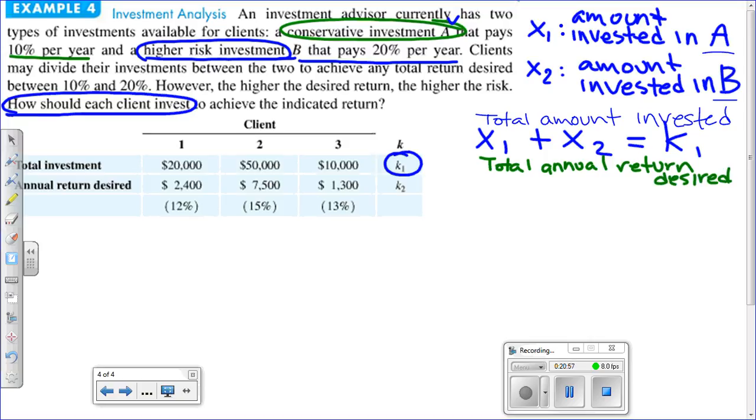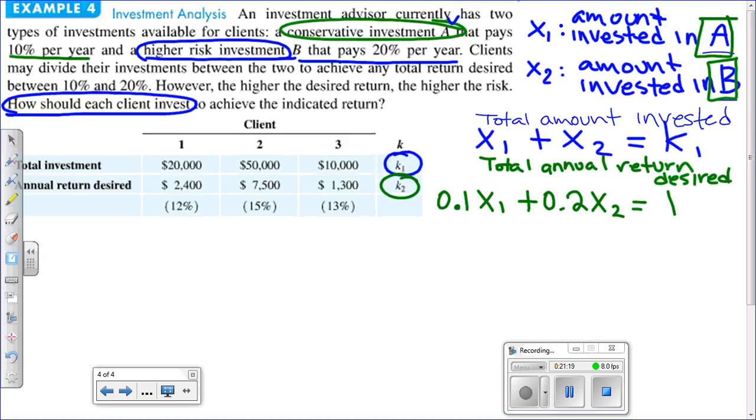Remember that investment A has a 10% return and investment B has a 20% return. So 10% as a decimal is 0.1 x sub 1 plus the 20%, which is 0.2 x sub 2, and that will equal K sub 2.